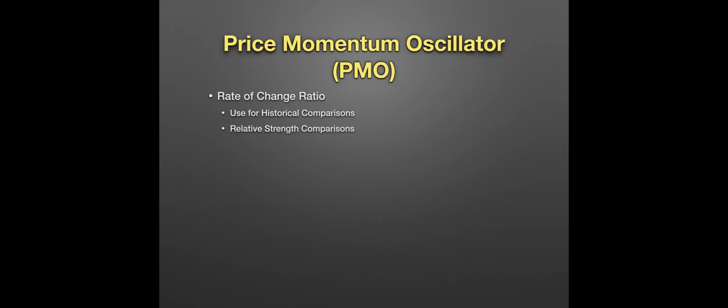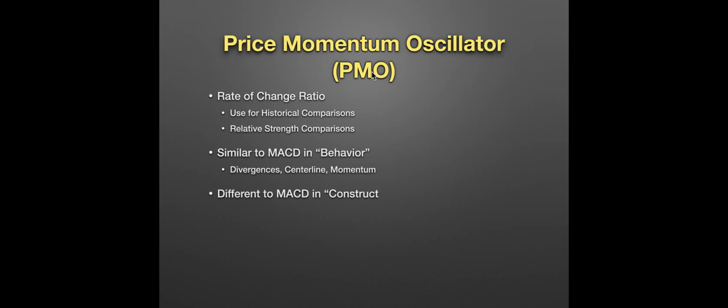So that gives you that relative strength analysis that you can use, and I'll show you how to use it when we run these scans. So it is similar to the MACD in behavior, but you're looking for divergences, you're looking at the center line or the zero line, and of course, it measures momentum.